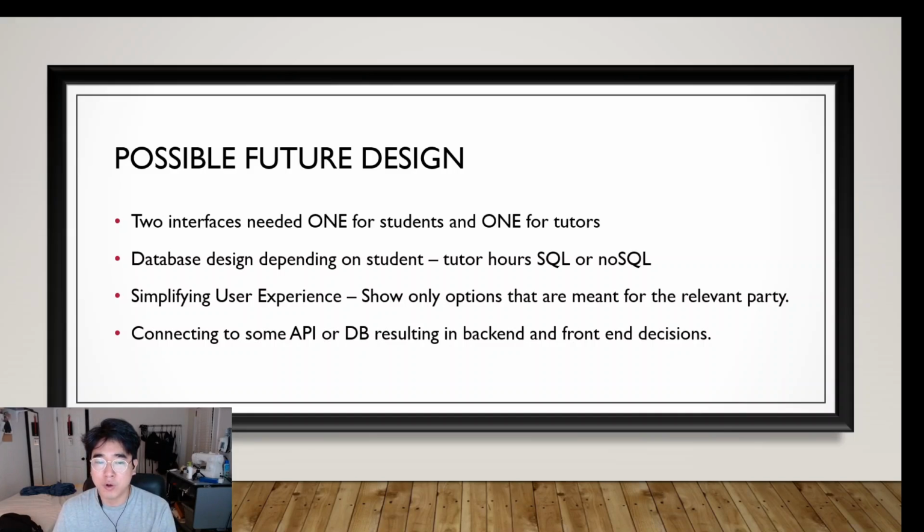And overall, I think simplifying the user experience can benefit both parties, the students and the tutors. And so when we're talking about all this information that's coming into this dashboard and getting tracked through this dashboard, we want to think about the database design depending on the student and tutors.